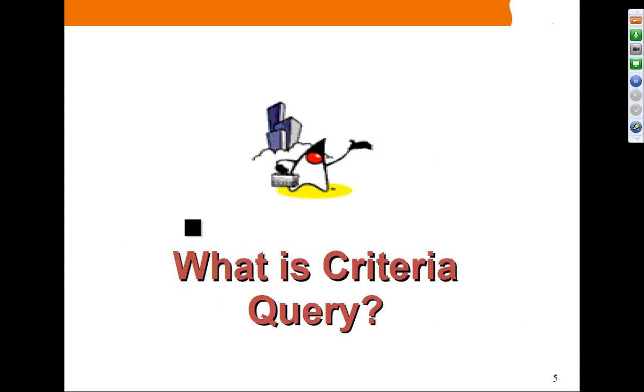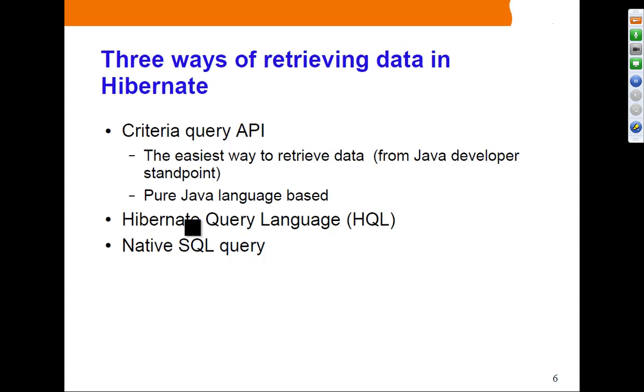So what is criteria query? As I mentioned before, there are multiple ways that you can perform a query. Criteria query is the easiest way from a Java developer standpoint, because you are building your query using Java code.